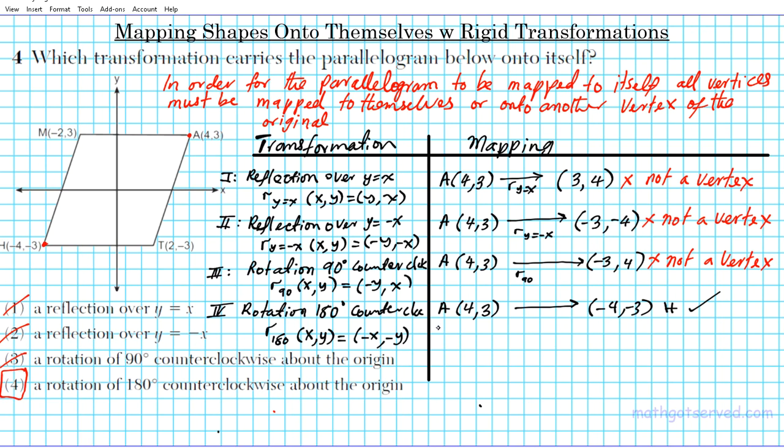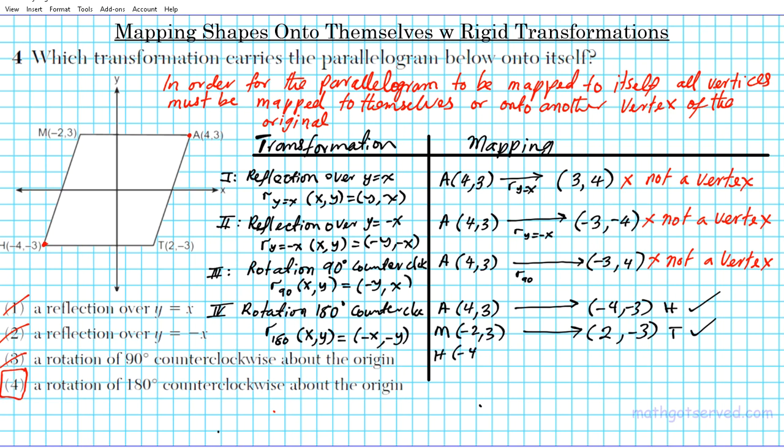If you apply it to point M, which is negative 2, 3, you negate both of them. It's going to be 2, negative 3. Do we have 2, negative 3 here? Yes, we do. Point T. Check.